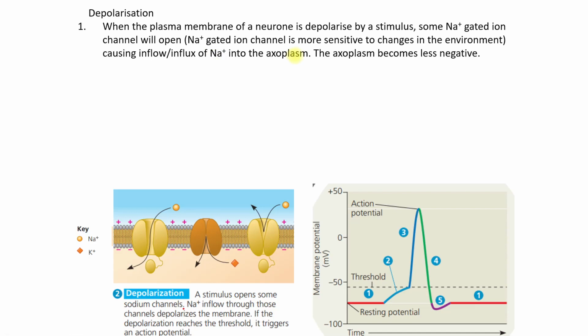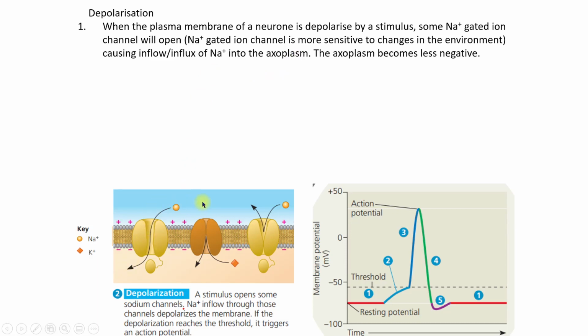Now, why will the sodium ion gated channels open first? Because the sodium ion gated ion channel is more sensitive to changes in the environment, or more sensitive to stimulus. So when there is a stimulus, the sodium ion gated ion channels will open, causing influx of sodium ions into the cytoplasm.